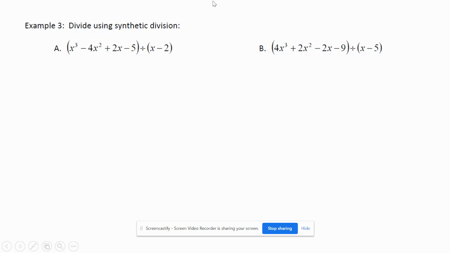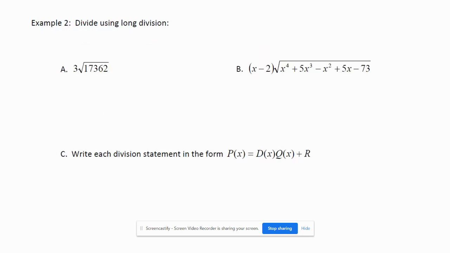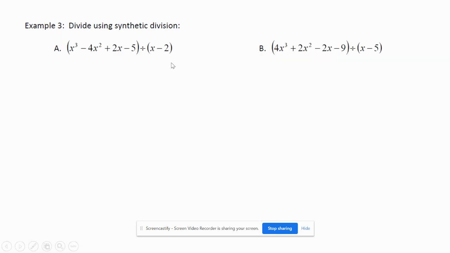So when our b value here is 2, this was p of x divided by x minus b, therefore b equals 2.